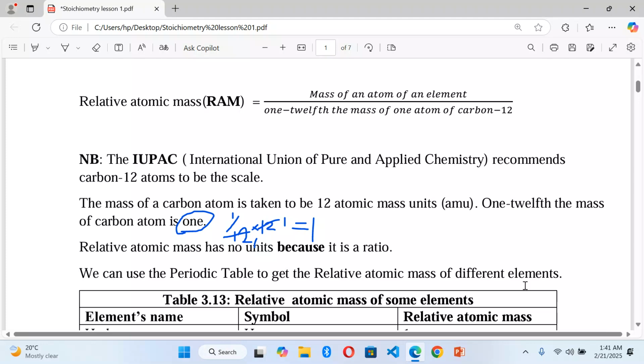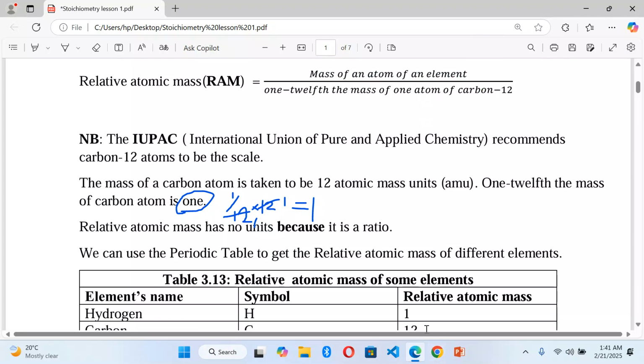We have already seen that a 12th of the mass of one atom of carbon-12 is equal to 1, which means that when you're getting the relative atomic mass of any element, just get its mass from the periodic table, and then we divide by 1.